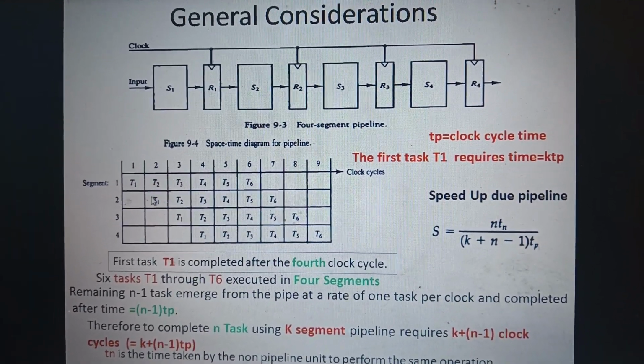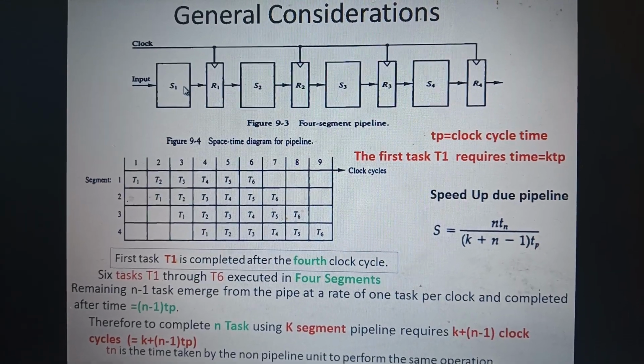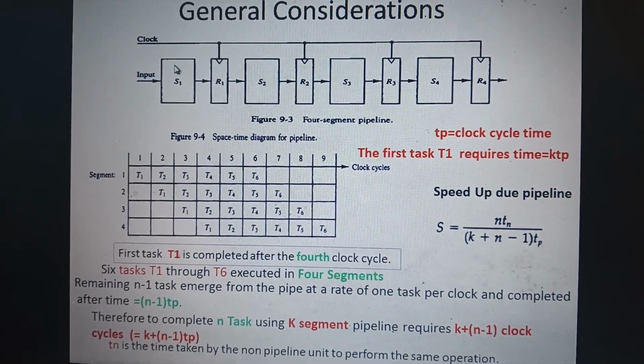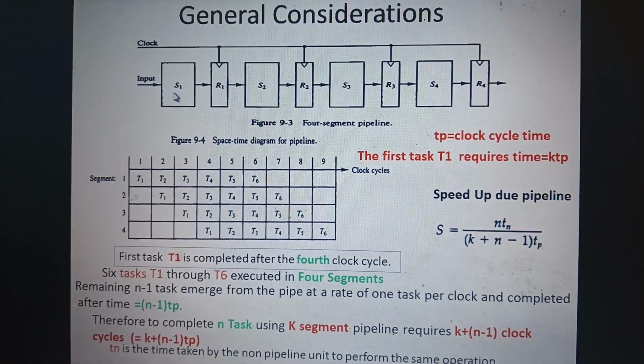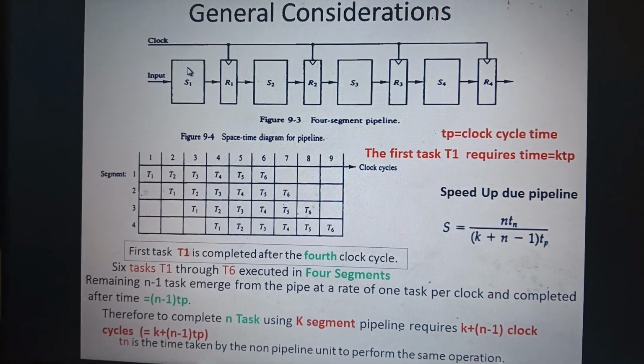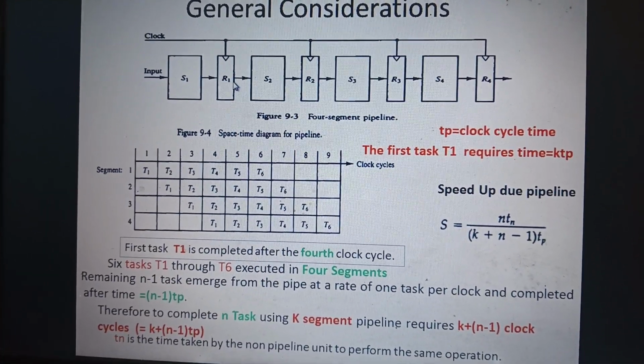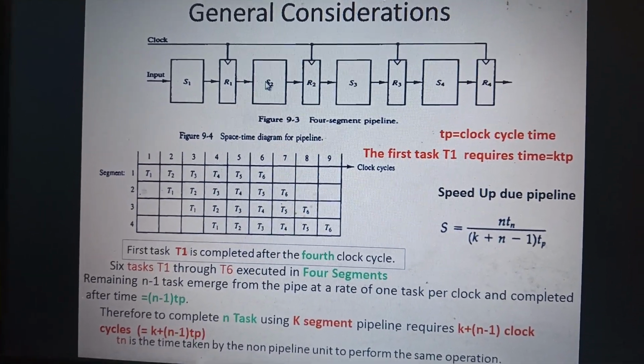In the next clock period, what happens? The sub operation performed by S1 on the operands belonging to task 1, the intermediate result, is given to S2.